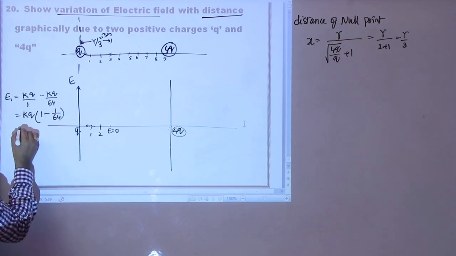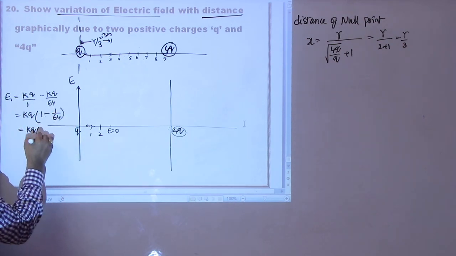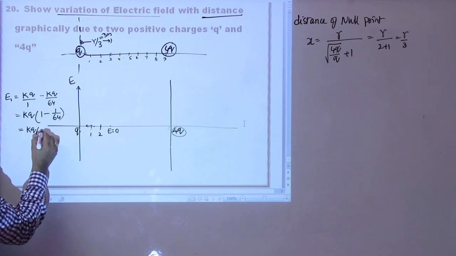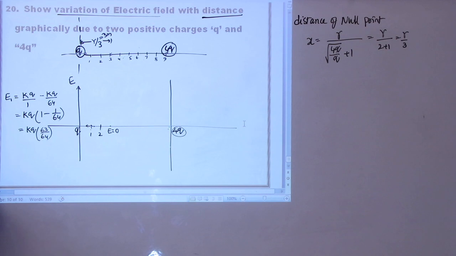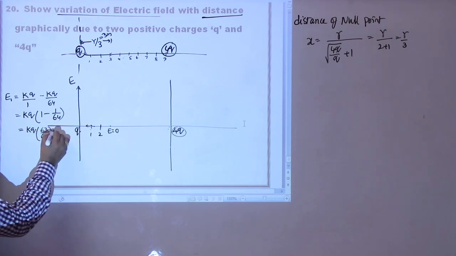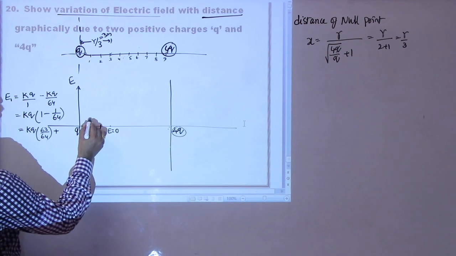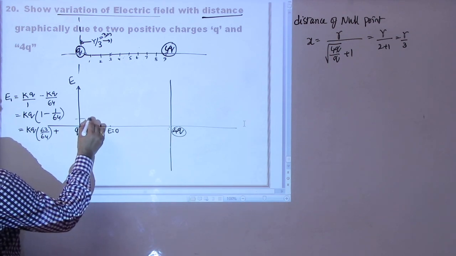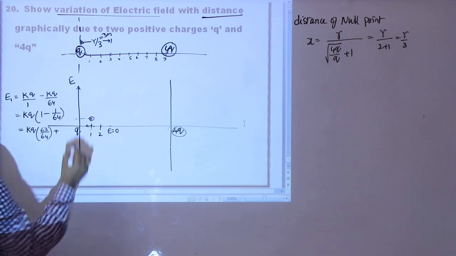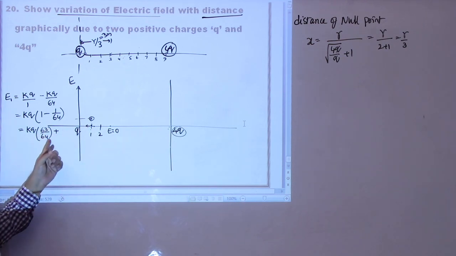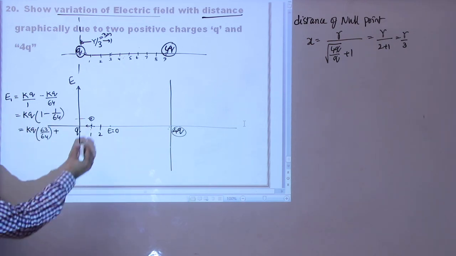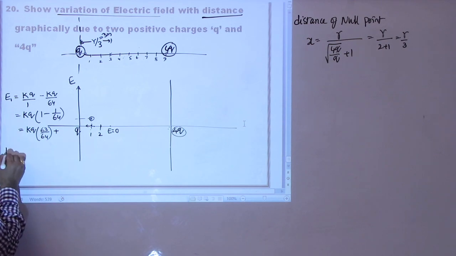Based on this you can write kq (1 minus 1 by 64). So this will be kq, this is 63 by 64. So this is nearly equal to 1. That means this total value is positive. So let us say at this point the electric field is 63 by 64 kq.